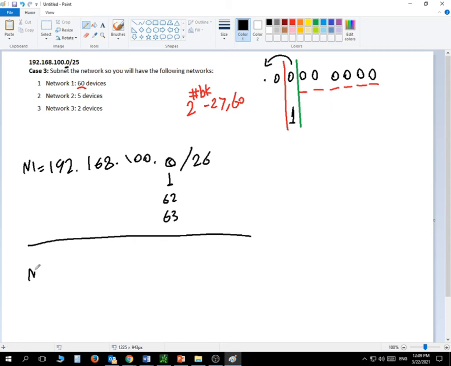Now for network 2, what we said, we're going to use this network, but we're not just going to use this network as it is. We're going to take it a little bit further into the subnetting. And so what we're going to do, we're going to start with a new network IP address. This new network IP address is going to be 192.168.100. Now since this is 1, this is basically 64.